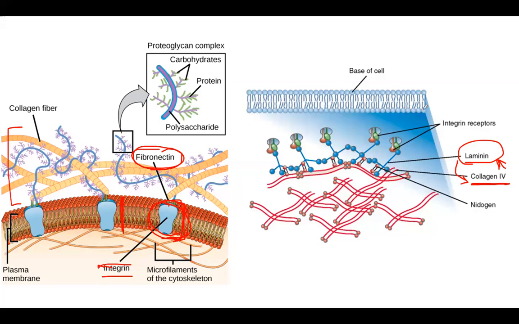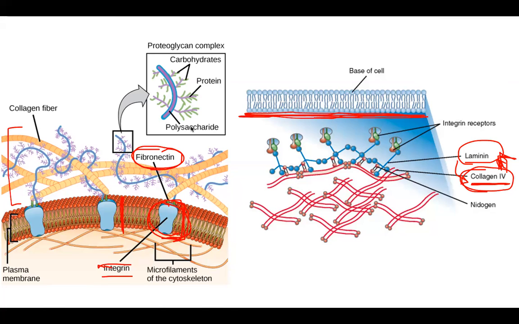If I have my membrane over here, something sits right below it, and we call it my basement membrane, or basal lamina. My basal lamina has type 4 collagen, and you need to know that type 4 collagen attaches to laminin. I'm going to quiz you on this on the next slide.